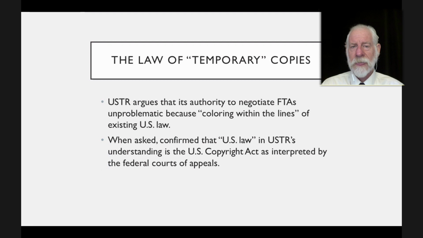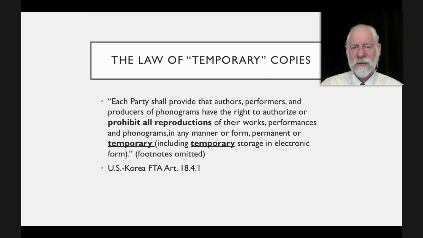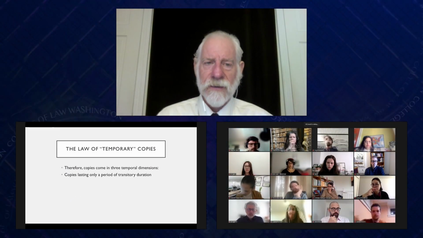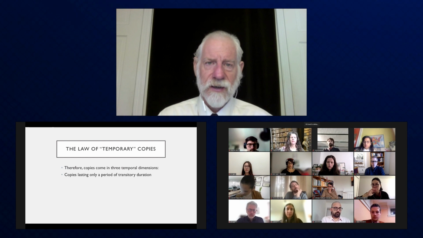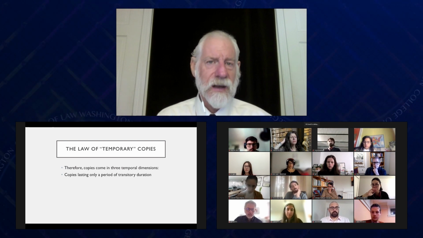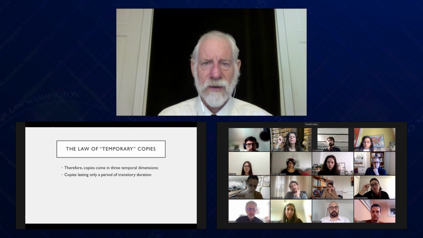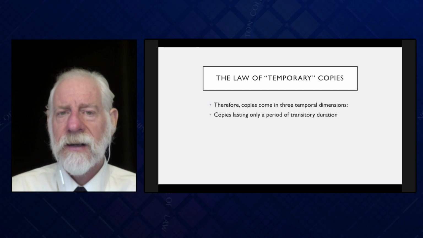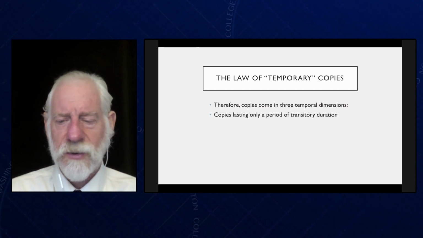Cablevision case. So even though there are these legal obligations to regulate temporary copies like that, the US understanding of what counts as temporary is longer than the 1.2 seconds that has been deemed to be not covered by copyright. And as a result, even under these free trade agreements, there are some copies that don't count. And Korea and other trading partners who have to regulate temporary copies don't have to regulate the transitory copies.